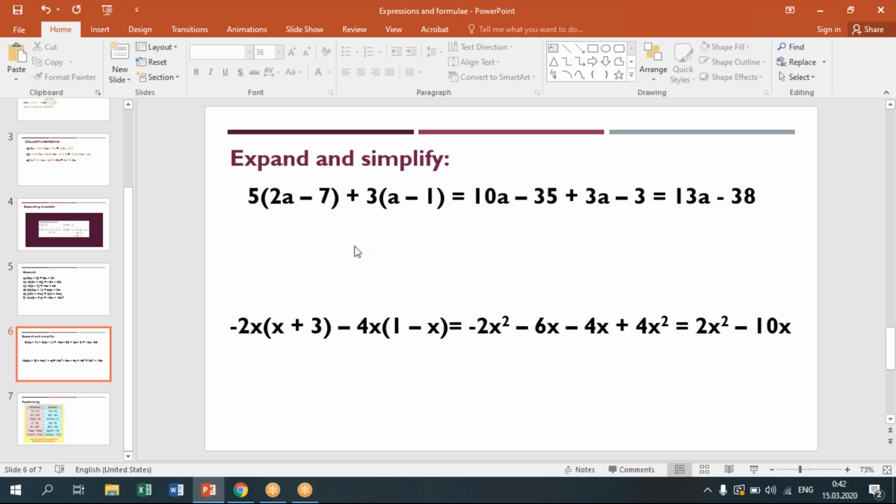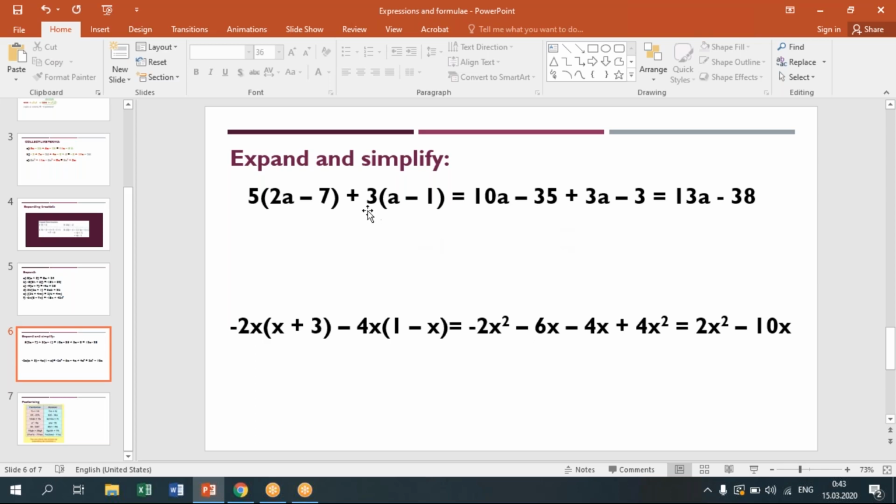In this example, we have to expand and simplify. The same thing. Positive 5, we have to multiply by each of the elements of this bracket, and positive 3, we have to multiply by each of the elements of the second bracket. 5 multiply by 2a, it will be 10a. 5 multiply by negative 7, it will be negative 35.